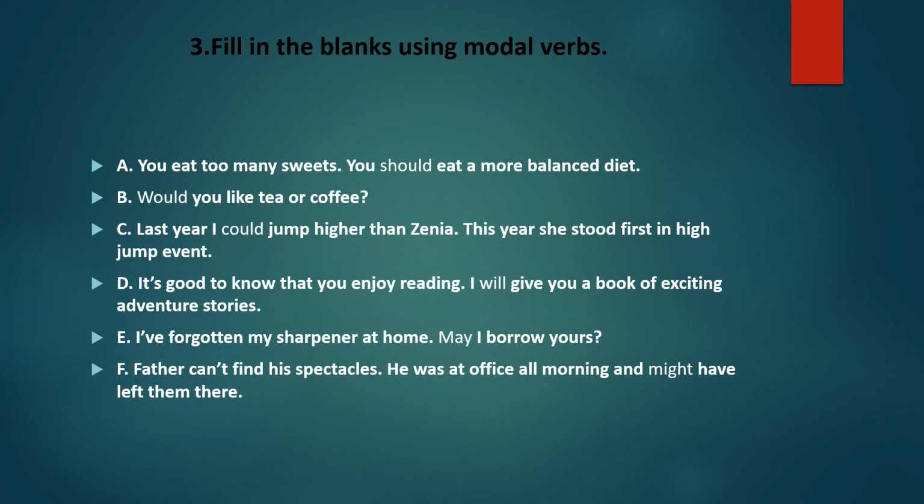You should eat a more balanced diet. Next is dash you like tea or coffee. Now we are offering something. So we will say, would you like tea or coffee? We will use here the modal would.